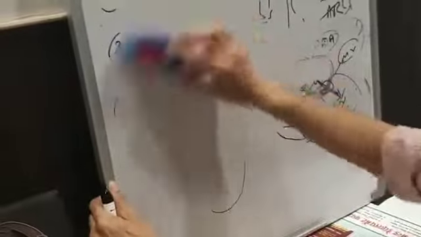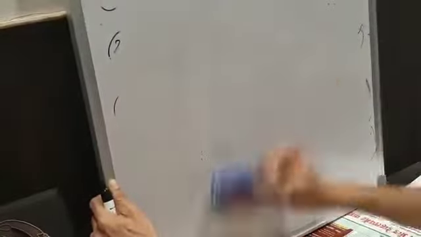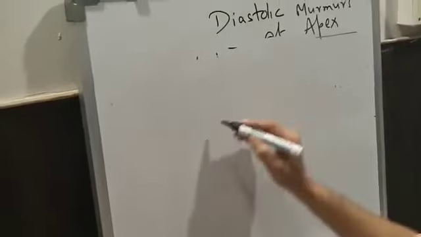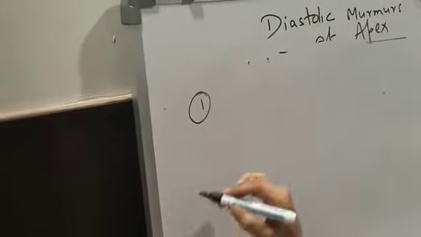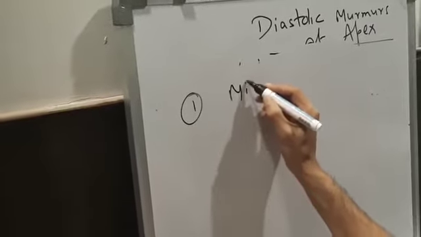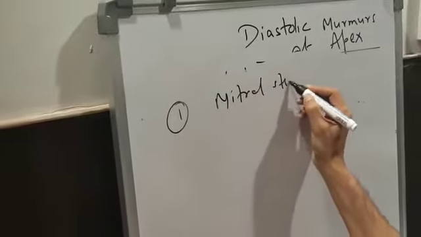So to summarize, what are the differential diagnoses of mid-diastolic murmur at apex? One is mitral stenosis.